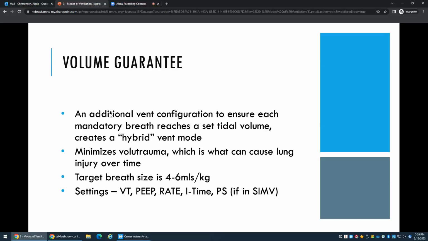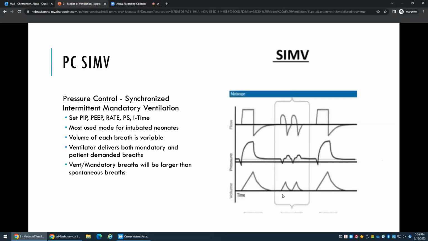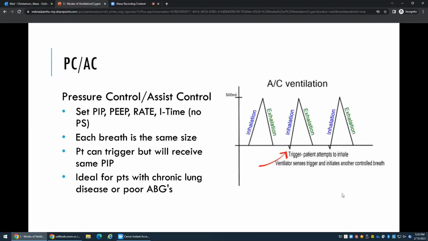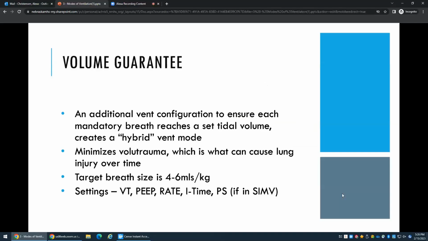So for example, in this mode, this volume maybe is 10 mils, and then a 5 and a 4, and then a 9, and then a 3 and a 4. A big breath and then little breath, big breath, little breath can cause lung damage, is what the latest statistics show.